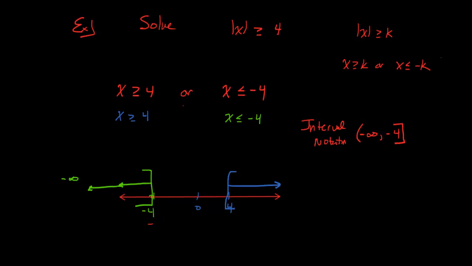Then the sign states or, which is symbolized by the union symbol. Then I start at 4 again and go all the way out to positive infinity. We always close positive infinity with a parenthesis and close the 4 with a bracket because we are working with greater than or equal to.